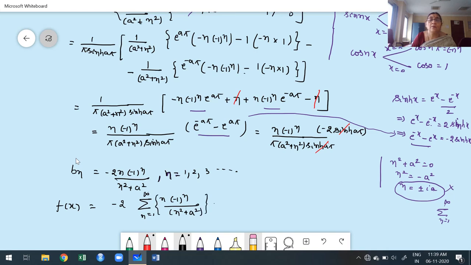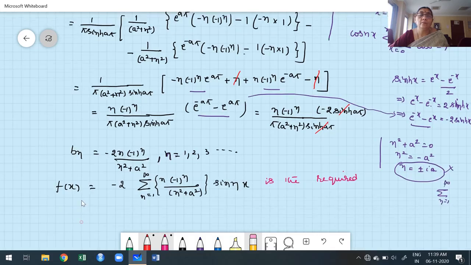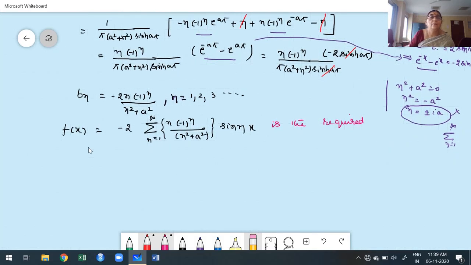into sin nx is the required half range sine series for the given function over what interval?